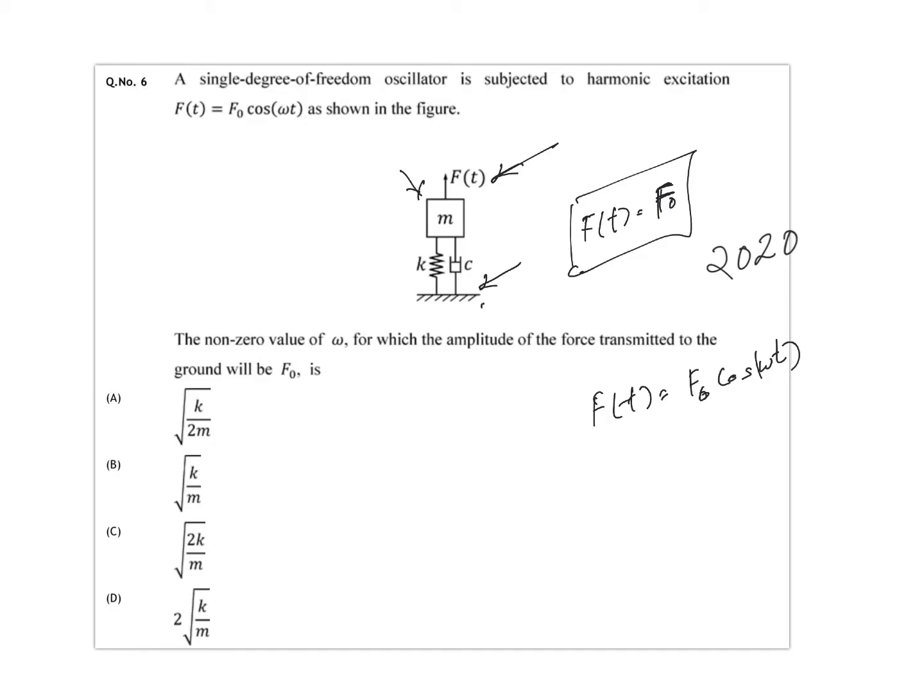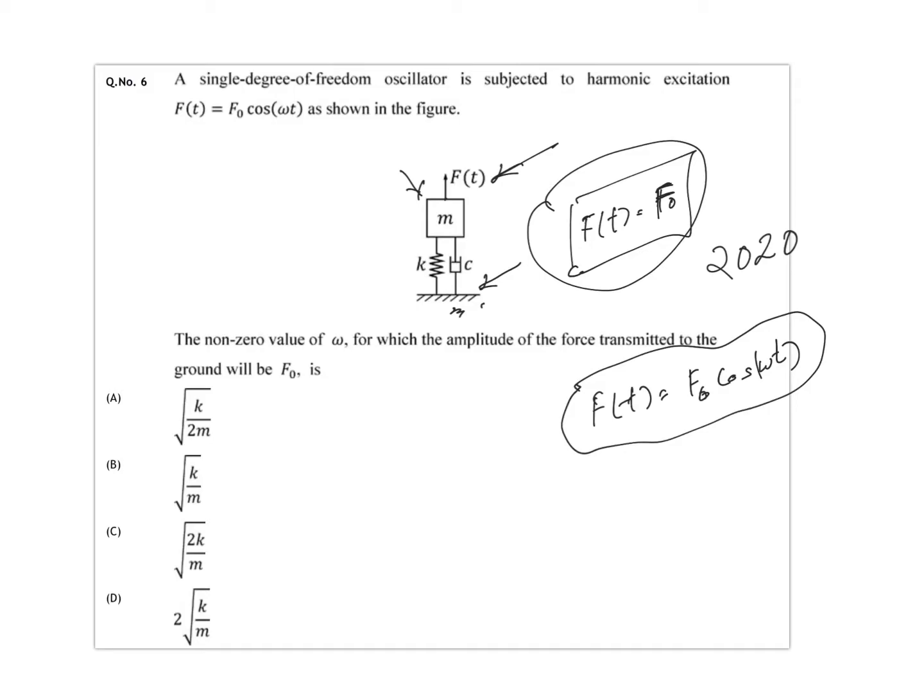So the whole system is set into motion. It starts moving. Then the force transmitted to the ground will no longer be f of t. So if it's a static problem, the force transmitted will be equal to the force that we applied over here, but the moment the dynamics sets in, the force transmitted is different.